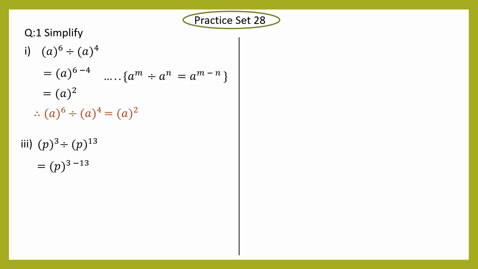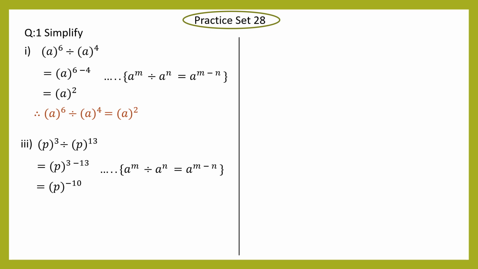Now 3 minus 13 will be minus 10. Now let's first write the reason, that is a raised to m divided by a raised to n is equals to a raised to m minus n. Now 3 minus 13 is minus 10, so we get the answer as p raised to minus 10.